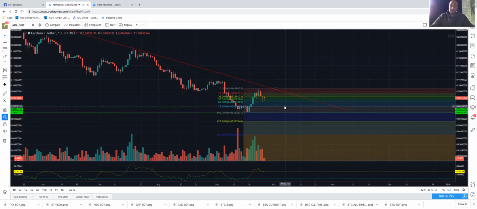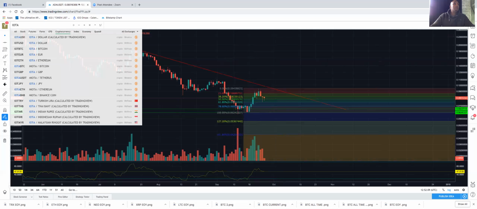The 78.6 matters only when you're looking at a retracement and not necessarily an extension. The extension that we look for is anything beyond 100% in the major market move. In this case, we're looking for a retracement, which is around 78.6 all the way down to the 100% zone over here. So we're looking at 70 cents and roughly 63 cents. And that's it for ADA.